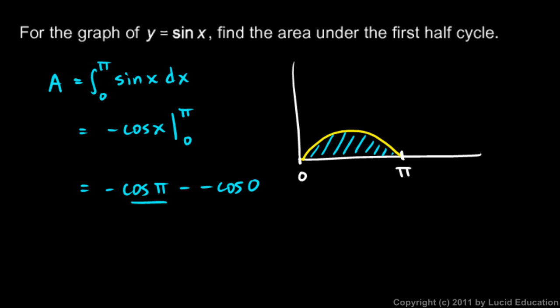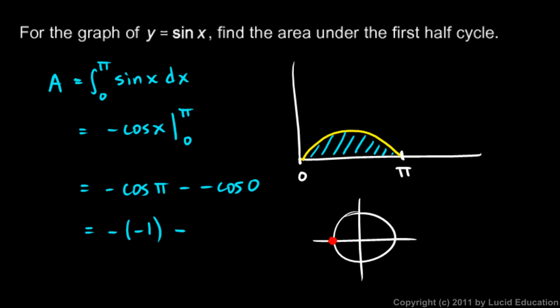And we can do this. We know what the cosine of pi is. Remember on our unit circle? Pi is half of a rotation. Pi radians gets us to this point right here. And the cosine right there is negative 1. So this is negative 1 minus negative cosine of 0. And 0 is right here.